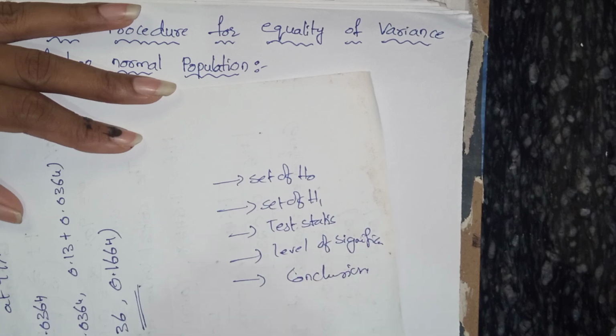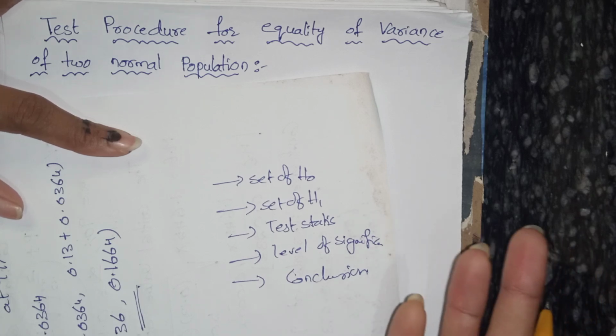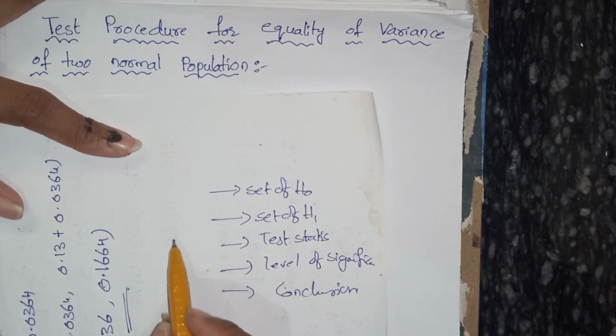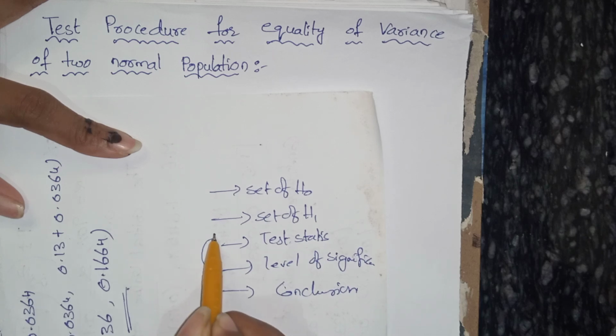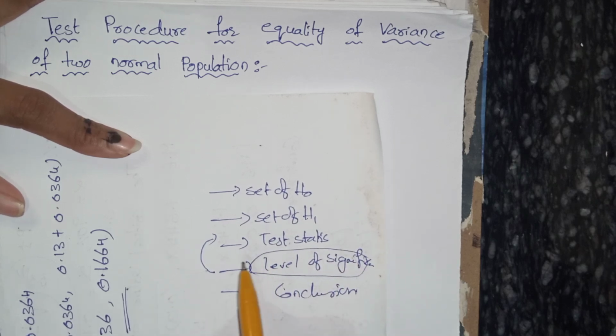These steps we have to follow whenever we perform any test. You can use the level of significance in the third step, or else here itself. Nothing happens if you interchange these two steps.